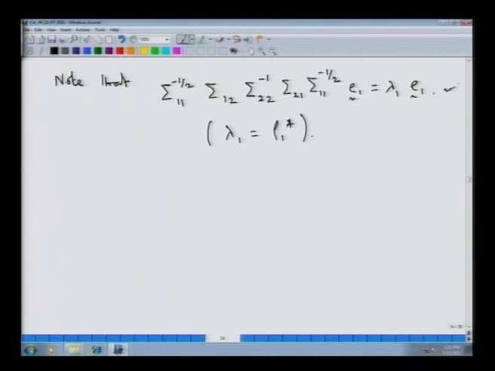Now, starting from this particular equation here, this will imply that if we pre-multiply the left and the right hand side with this expression, which is sigma 22 to the power minus half, sigma 21 times sigma 11 to the power minus half.